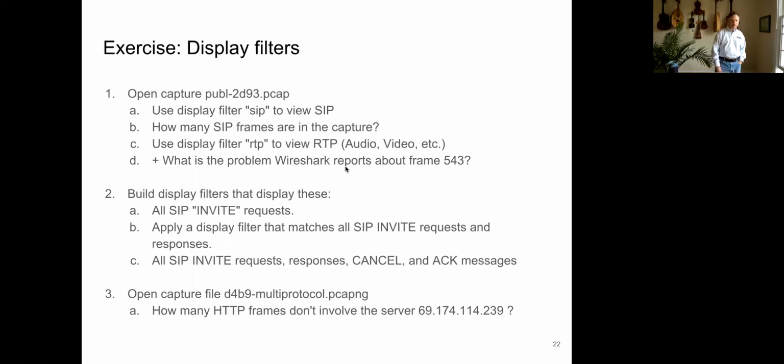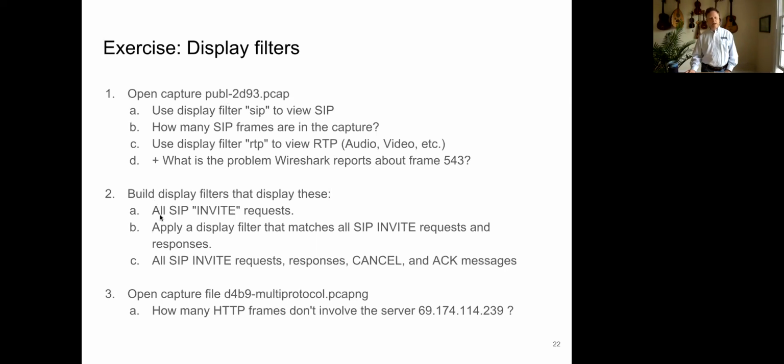Okay, so display filters, I'll give you a few minutes to practice with that. So you've got a couple of files to open up. One is PUBL2D93. And you can build display filters: use display filter SIP, count up how many SIP frames you see, and by count up, I mean look in the right place. Use the display filter RTP, practice that. And if you've got time, which we may not today, you can look at frame 543.